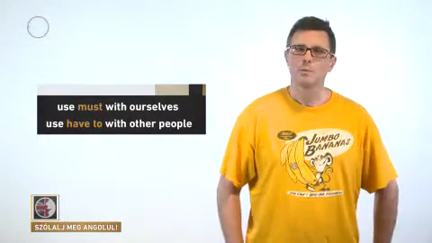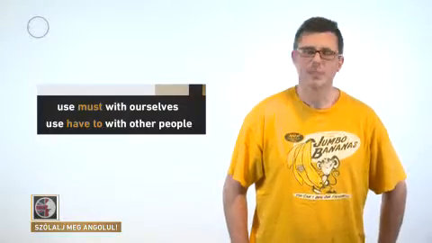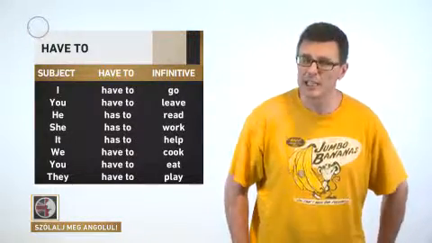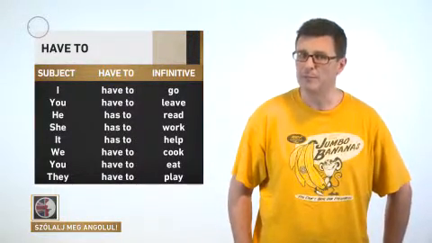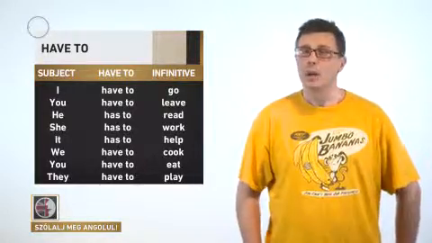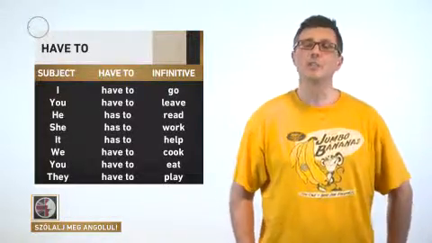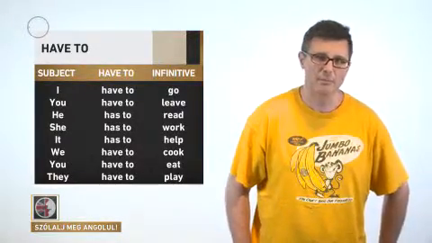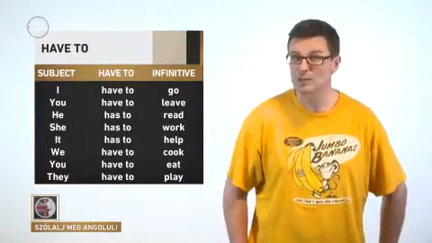With have to, we have to conjugate, but that's no big deal. We know we have to be careful with the third person singular form of the verb to have, and so, when we use have to, we change to has to when we're talking about the third person singular. Not so difficult, is it?